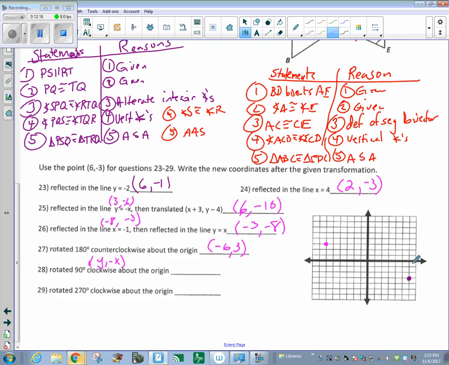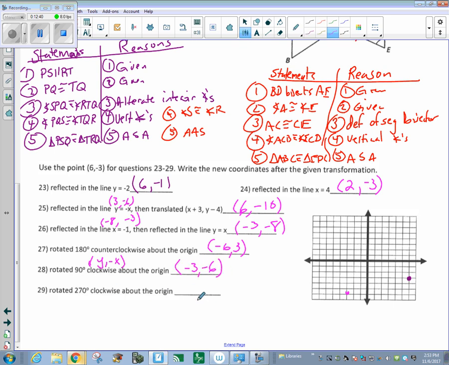So my ordered pair ends up being negative 3 and negative 6 down here. That would take me clockwise. I got to get rid of the other point. I don't think I went down 6. 1, 2, 3, 4, 5. Oops, no, I thought so. It would be right here at 3, negative 6. Negative 3, negative 6.